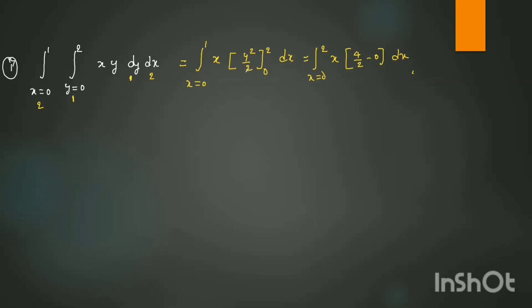If I substitute 0 here, it is 0. So it is 2 times 2 is 4, by 2. So I'll take that constant outside. x is equal to 0 to 2, x dx. So 0 to 1. Ah, sir, sorry, 0 to 1 it is. I have written 2, I think, everywhere. So it is 0 to 1.